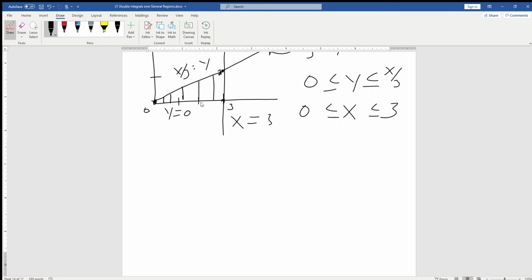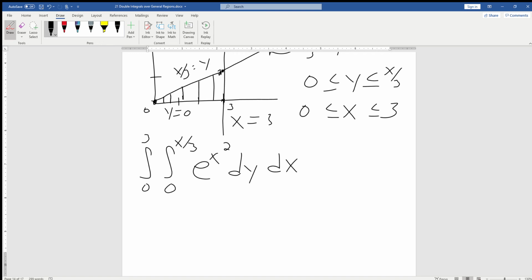So our new double integral, remember, the first integral should always be the variables: y from 0 to x over 3, x from 0 to 3. We still have e to the x squared, but instead of dx dy, notice that we took care of y first, so now we have dy dx.